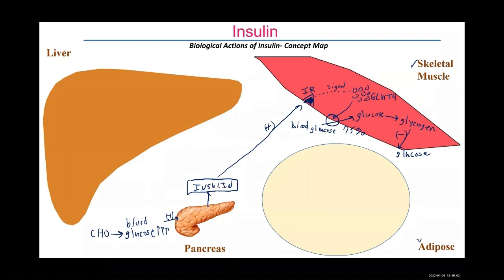But now also here in your adipose cells, this is the beige here, you have an enzyme, right? This is called LPL. I hope you learned this, lipoprotein lipase. And since it is lipoprotein lipase, it's going to break down lipids like triglycerides that are in your blood.